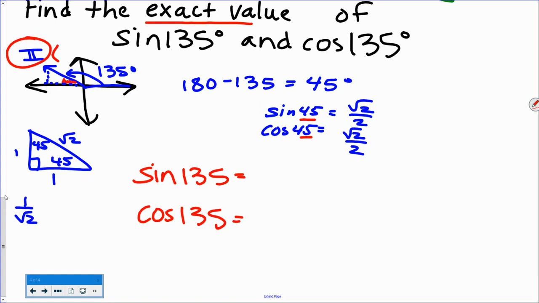It asks you those questions. All right, so this means my x would be negative and my y is positive. So for sine of 135, it's square root of 2 over 2, and yes, it is positive because the y is positive. Cosine, remember, uses x over r, and in quadrant 2, your x is negative. So this is a negative square root of 2 over 2.